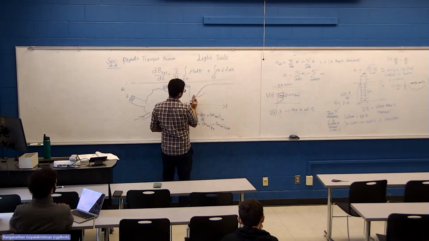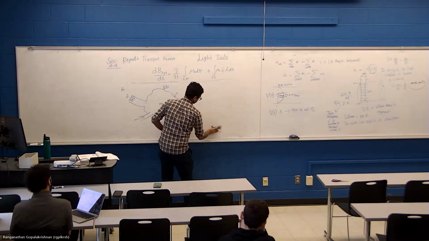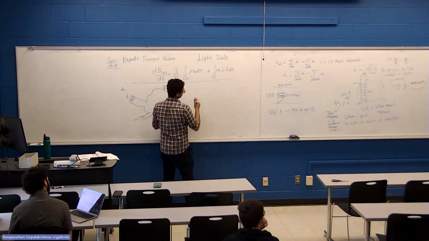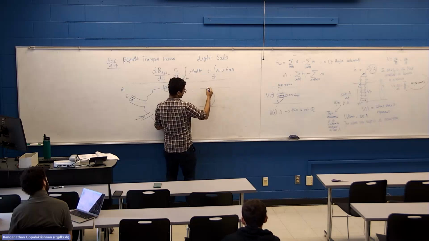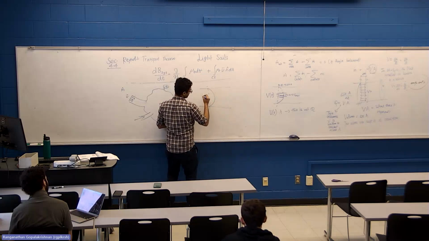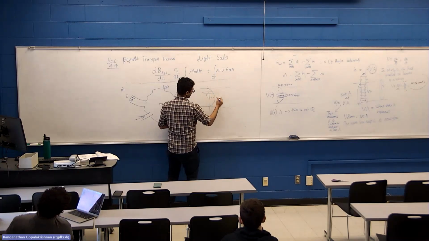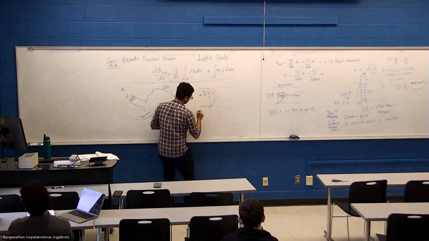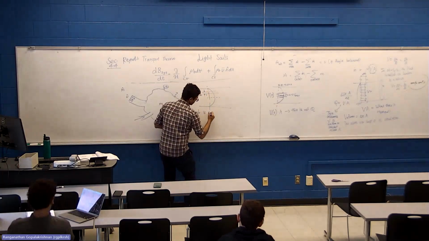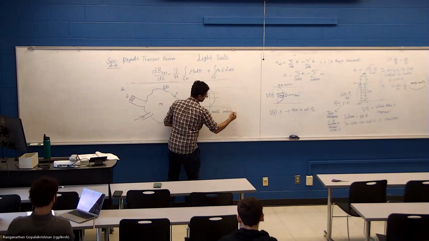So what I'm going to do is, if I have a cross section and I have a velocity profile, I'm going to pick a small area, that is, let's say this point is at a distance r from the center line, and this width is dr. dr is a small radial segment.